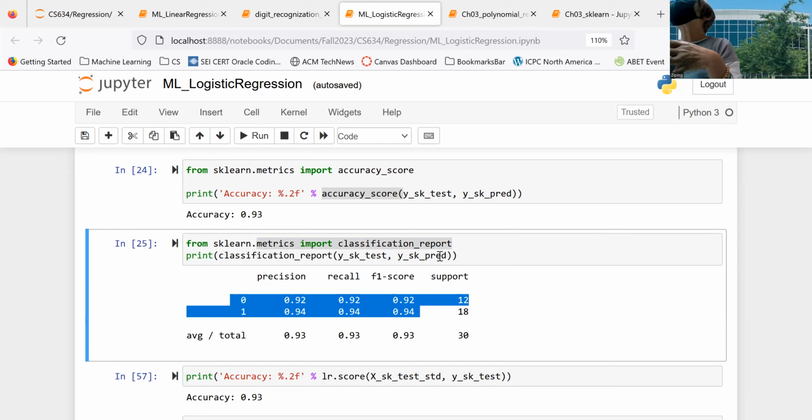So that means for all of the samples, the logistic regression model did a pretty good job. Okay, that is what this example shows.